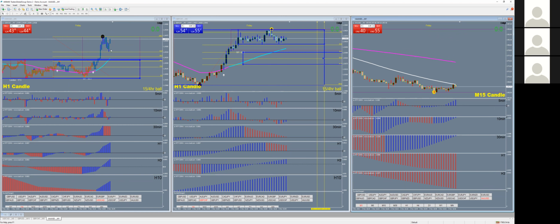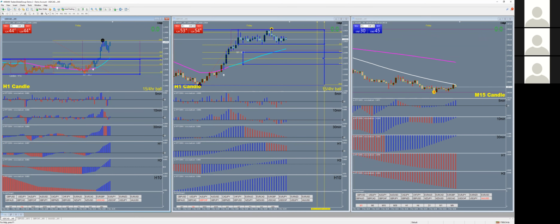USD cash still pushing up, and the dollar is strong compared to the CAD anyway. Pound dollar is getting ready to go short again.